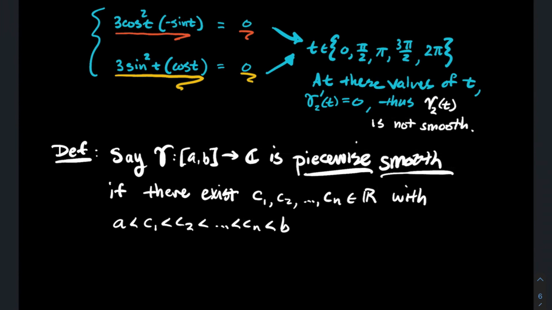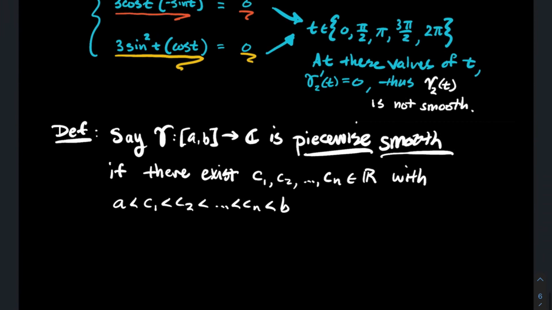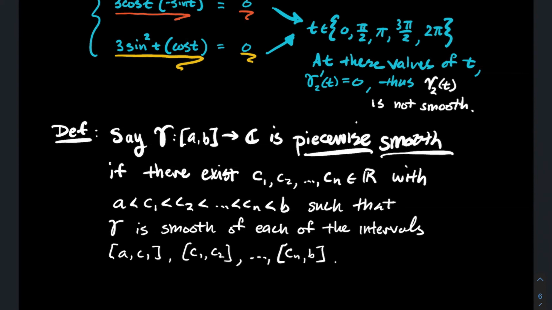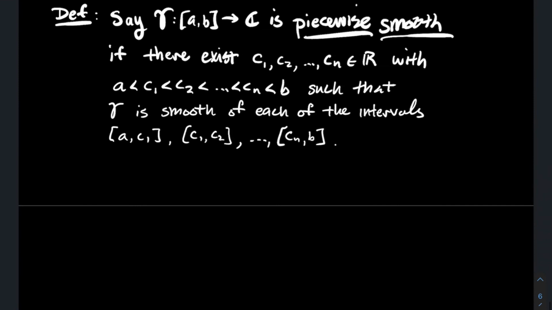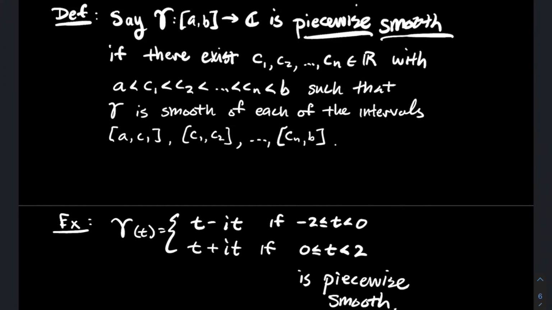I'm just saying these numbers are between A and B and you're increasing until you get to B. Such that when I look at gamma on each of these subintervals, A to C1, C1 to C2, and so on, Cn to B, gamma is smooth on each one of these. So piecewise smooth is what it sounds like: your curve can be chopped into pieces that are smooth on those respective subintervals.